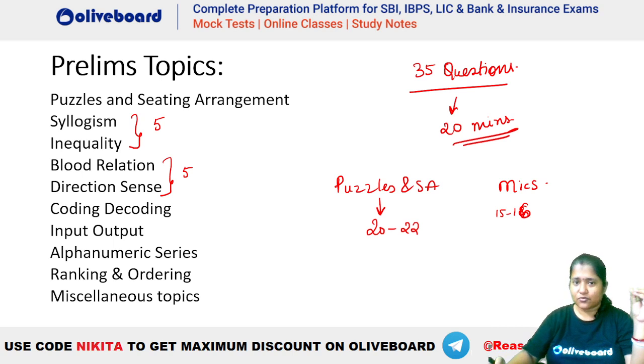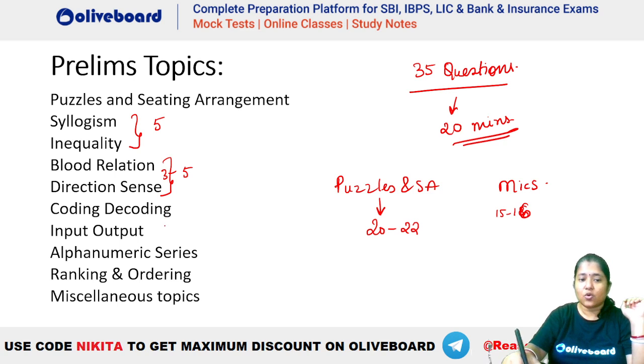Or they give you a direction sense question and 3 questions related to the same direction sense. So blood relation and direction sense are set based questions. Again, it can be 3 questions of blood relation or 2 questions of direction sense, or only 3 questions of blood relation and none of direction sense. So generally you will see 3 to 5 questions from this topic.